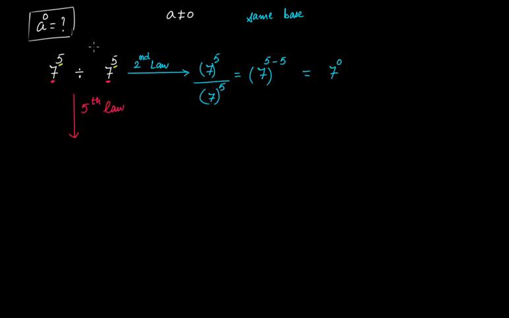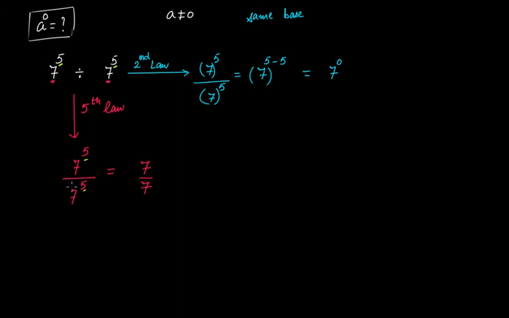So the fifth law of exponents says that if you have two powers that are being divided with each other and have the same exponent, like 7 to the 5th power and 7 to the 5th power, then you divide the two bases.